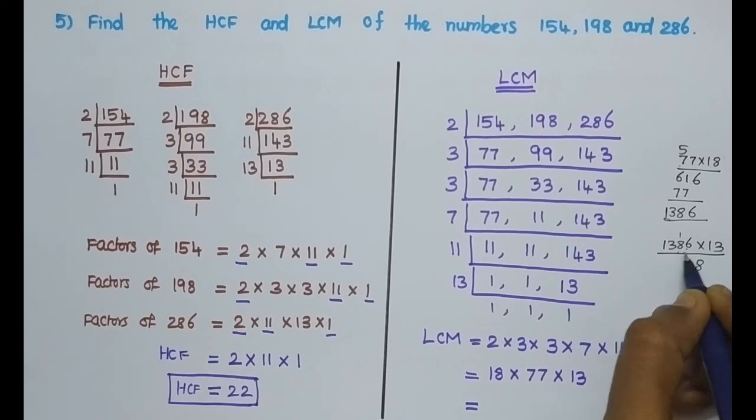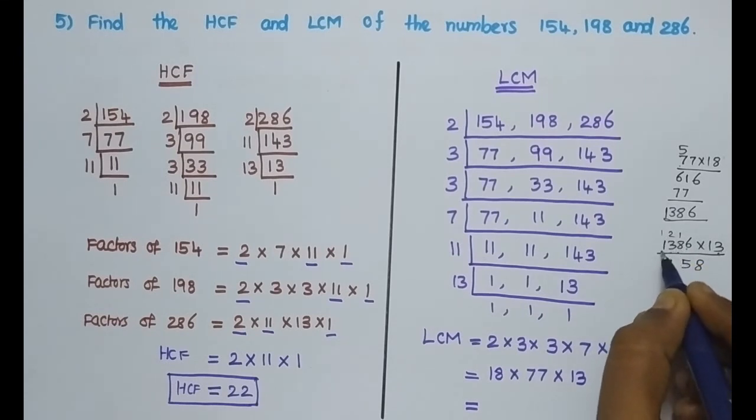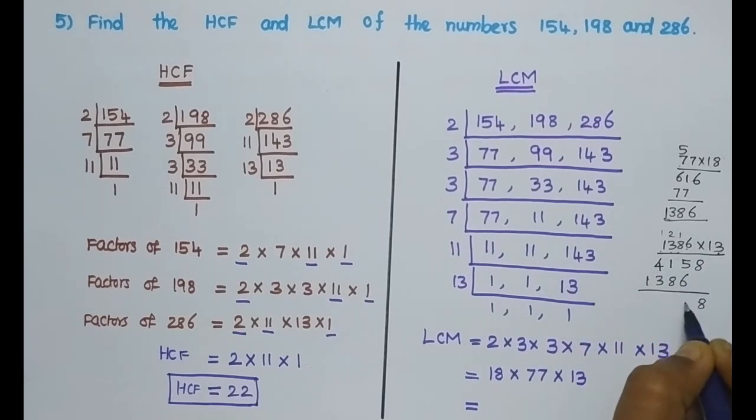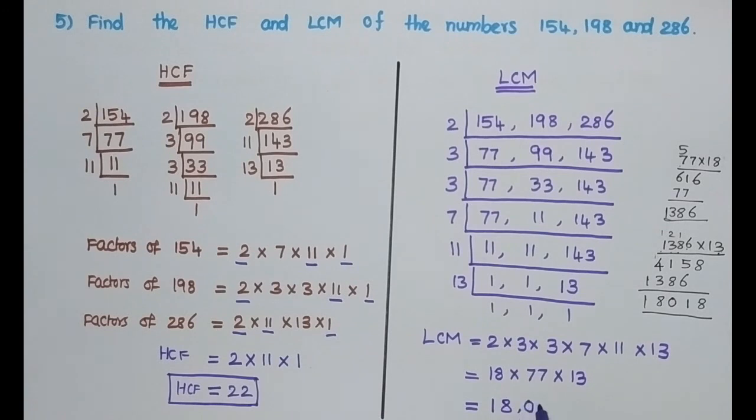Carry over 1. 3 8s are 24 plus 1, 25. 3 3s are 9 plus 2, 11. 3 1s are 3 plus 1, 4. 1386 into 1, 1386. How much? 18,018. That is LCM.